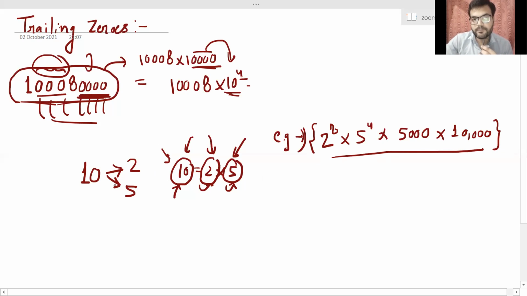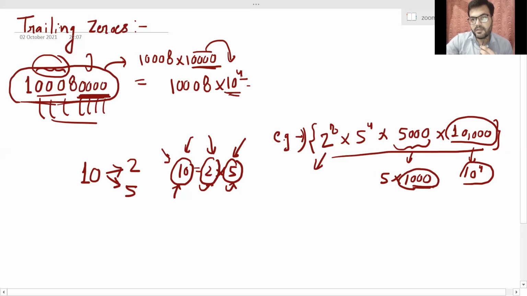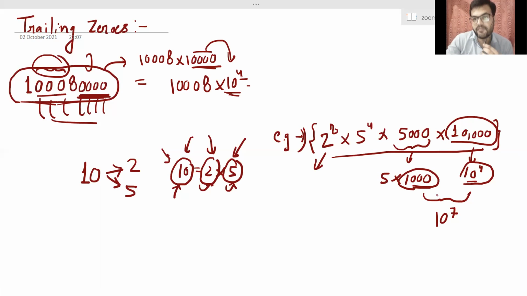We have got 8 number of 2's here, and this 5,000 can be written as 5 into 1,000. And this 10,000 is 10 raised to the power 4. So 4 zeros we have got in this 10,000 and 3 zeros here. So 3 and 4, 7 zeros already we have got in this expression. Apart from these, we have to count how many more zeros we can have in this expression apart from these 7 zeros.